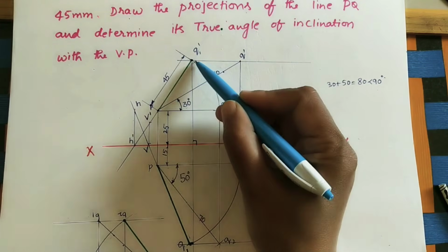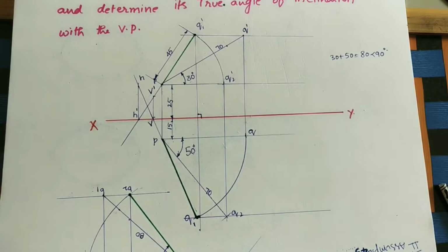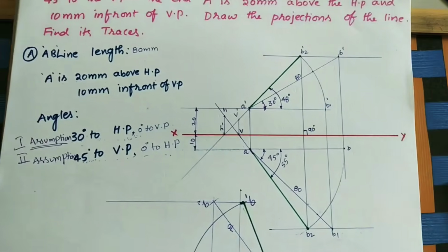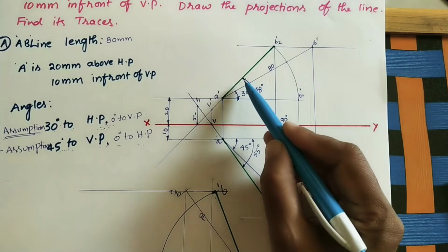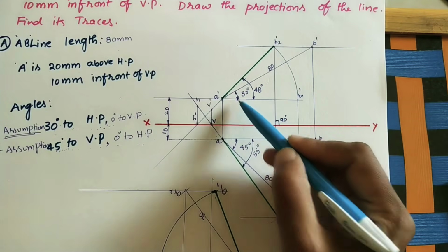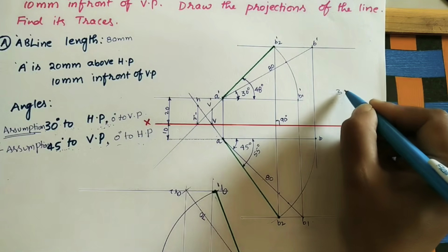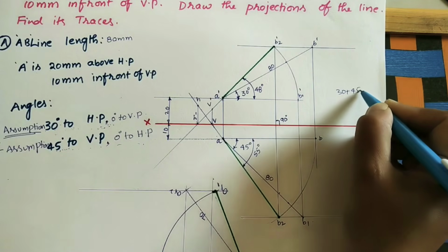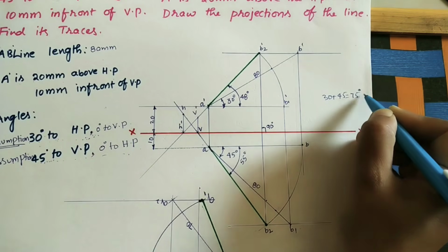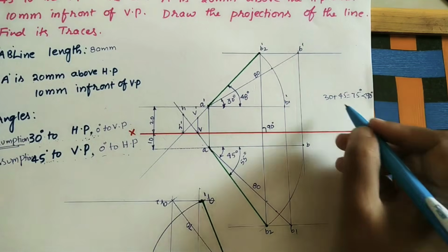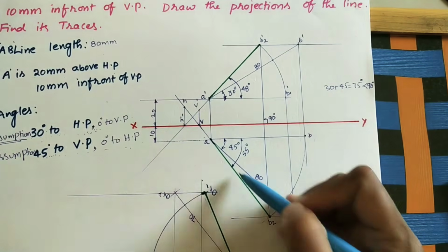We get the final front view and final top view like this. Take another example also. Here angle with HP, the true length, 30 degrees plus 45 degrees, we get 75 degrees. It is less than 90. In that case we get the final front view and final top view like this.